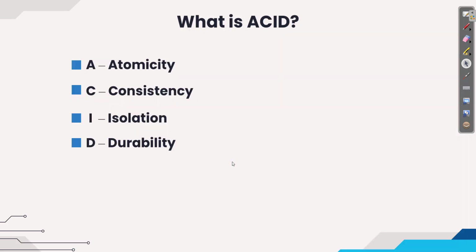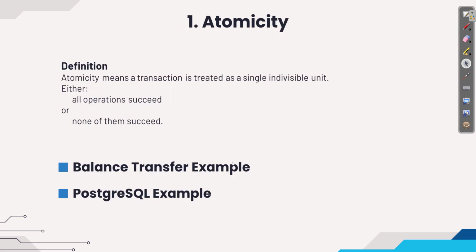Okay, what are the four ACID properties? Atomicity, consistency, isolation, and durability. First one is atomicity. Atomicity means a transaction is treated as a single individual unit. All operations succeed or none of them succeed.